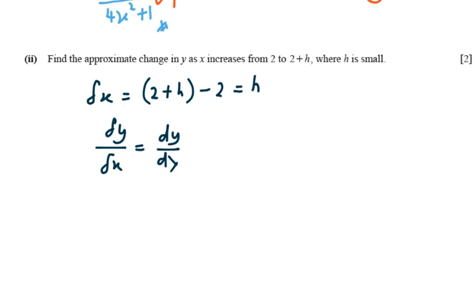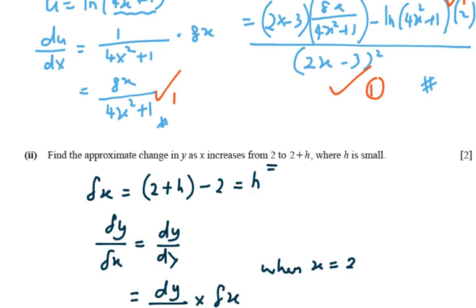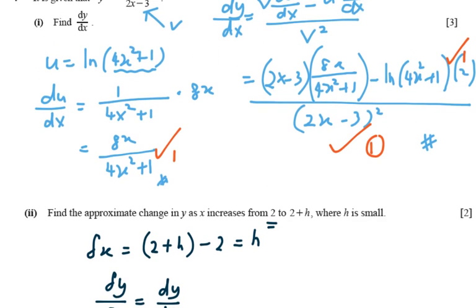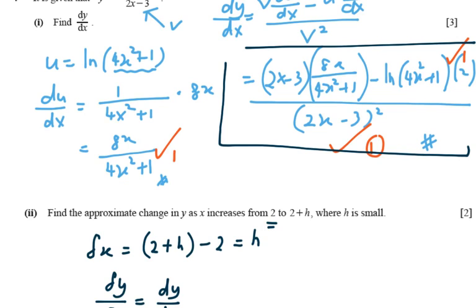Hence, to continue with this, we will take dy/dx multiplied with the change in x. And this happens when x is equivalent to 2 from the question. So the dy/dx that we have obtained in the previous question is this. We will put in x equals 2 in this particular equation.